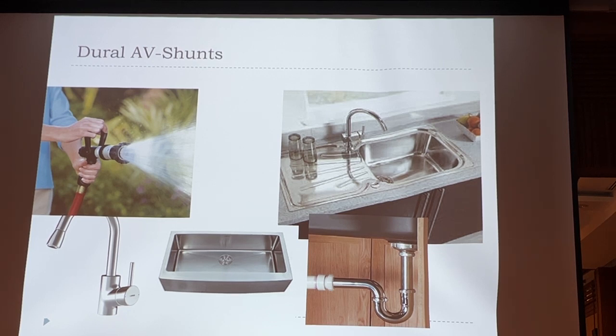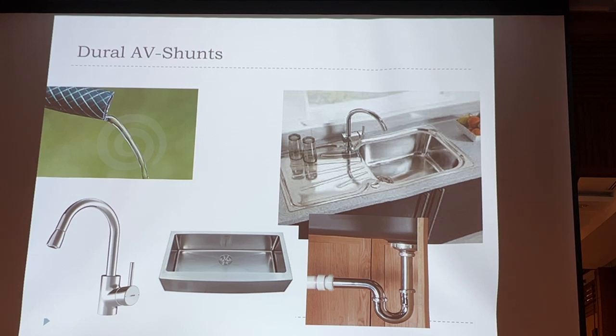Now the other way the dural arteriovenous fistula can become symptomatic is, even though the flow may be very low, if your kids are really naughty, they put, in addition to hooking up the garden hose here, some leaves and debris in there that will decrease the outflow of your draining vein.